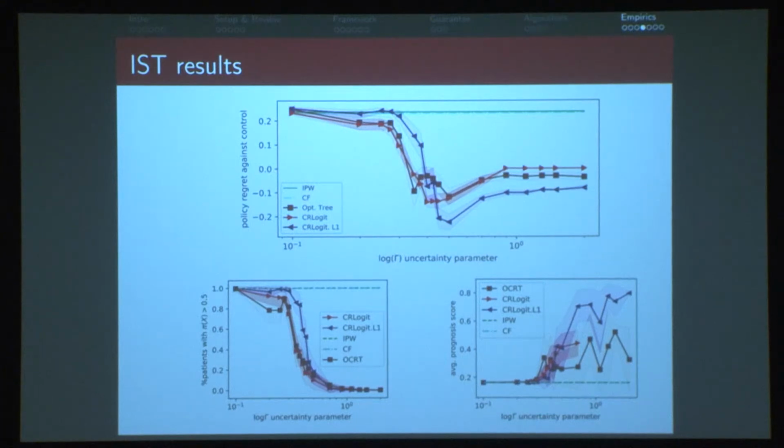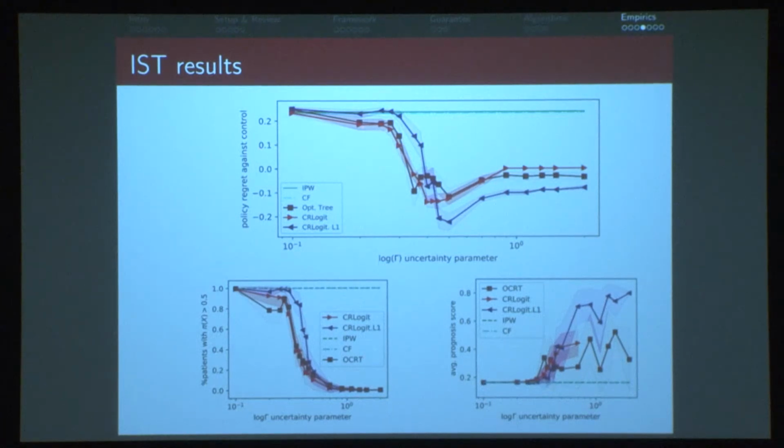These lines over here denote various variants of our method as we vary the gamma parameter in our approach. So here is the gamma. On the very left, we have log gamma equals 0 or gamma equals 1. We're essentially assuming unconfoundedness, and we're doing the same thing, also introducing harm.